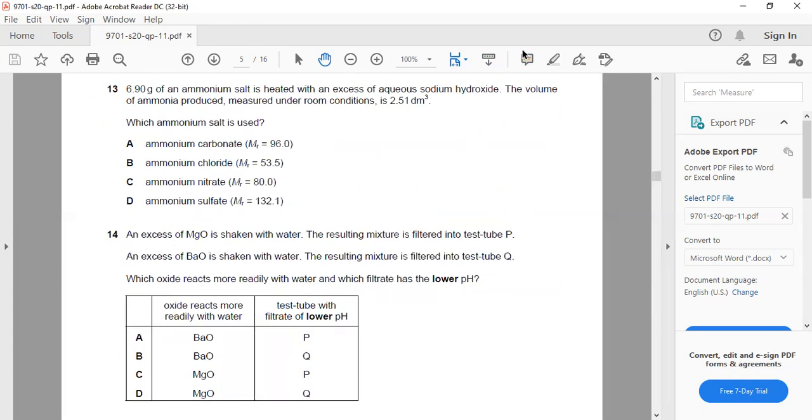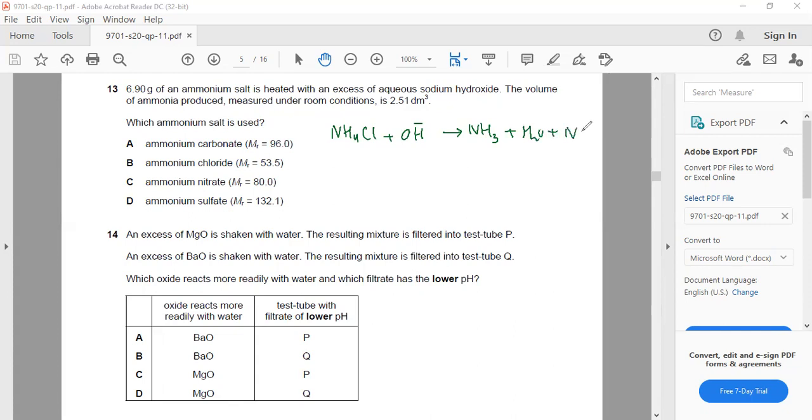Again, a calculation question, so please start doing this. 6.9 gram of ammonium salt is heated. Keep in mind the rule: ammonium salt plus alkali, ammonia will be formed, plus water, plus another salt.